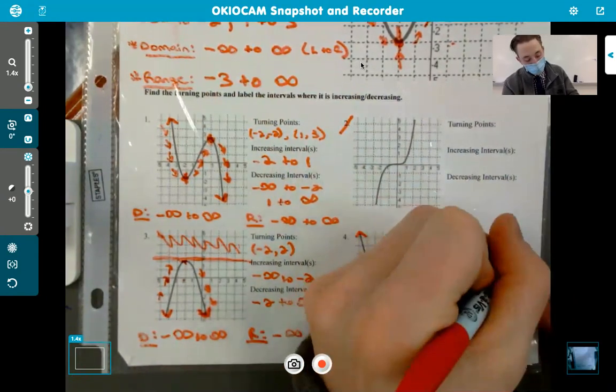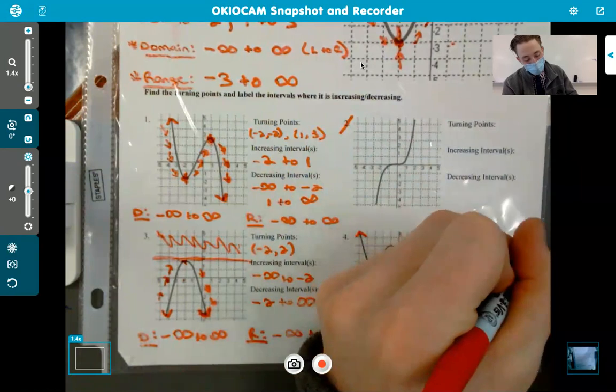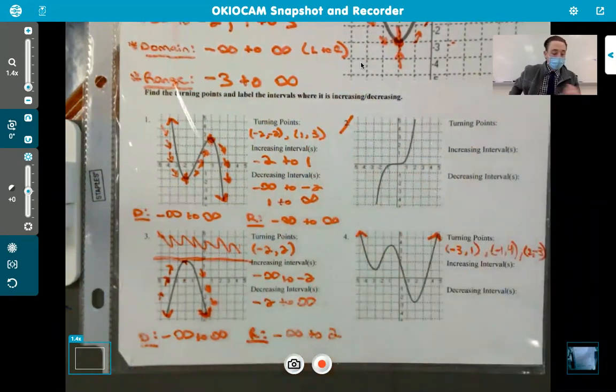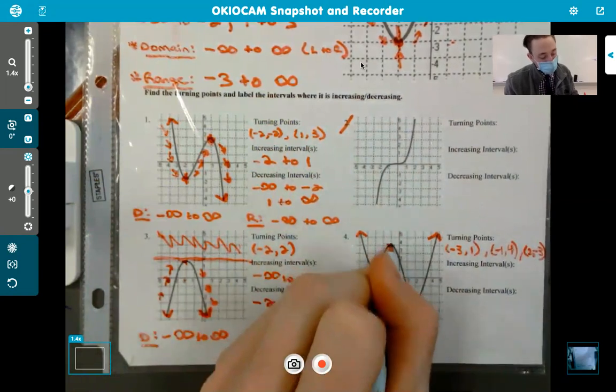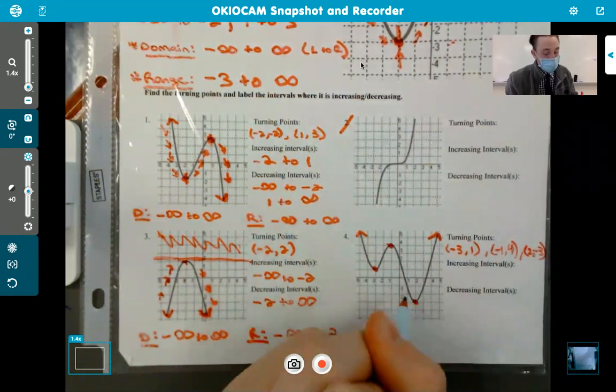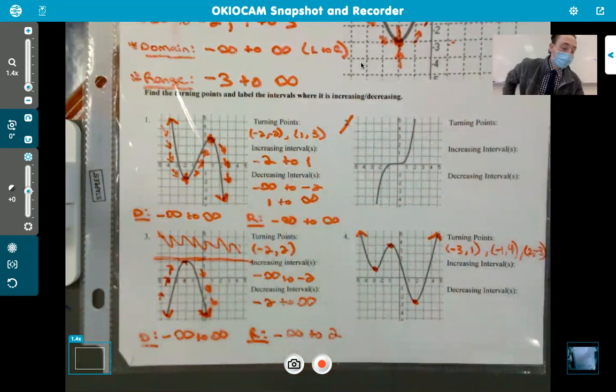Good. So -3, 1, -1, 4, and then 2, -3. Those are my 3 turning points, and in between those turning points, I am increasing and decreasing.